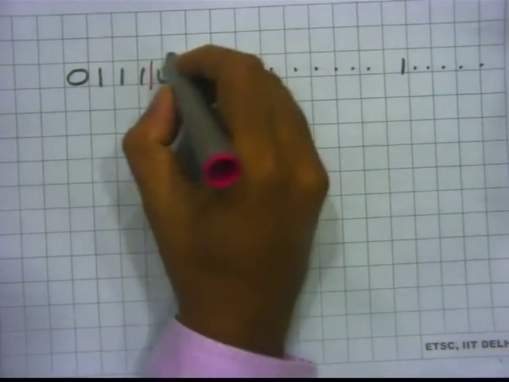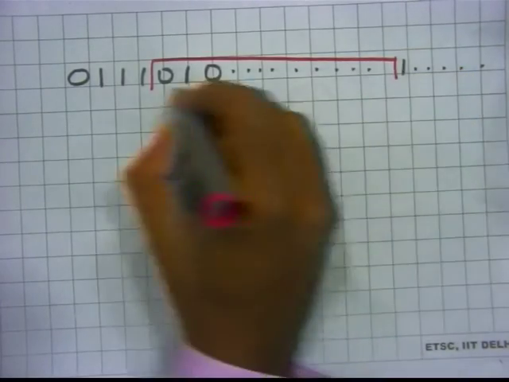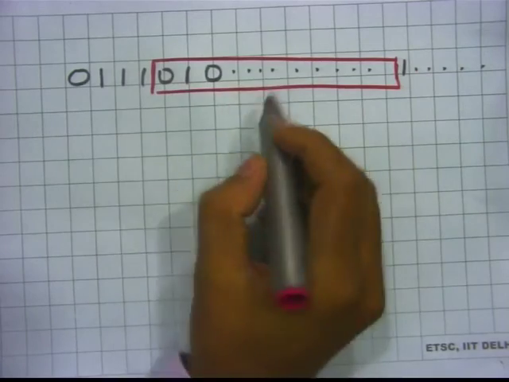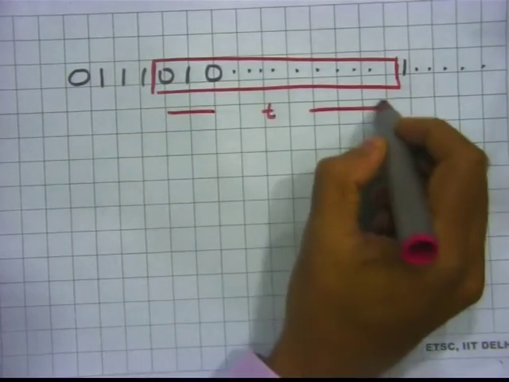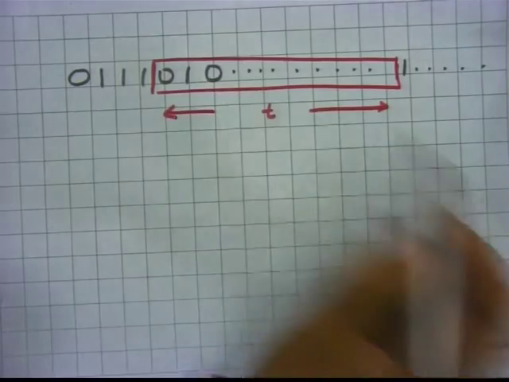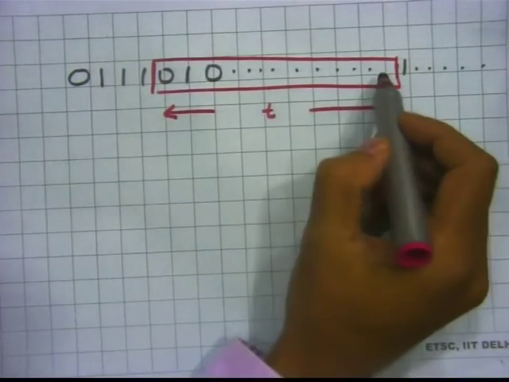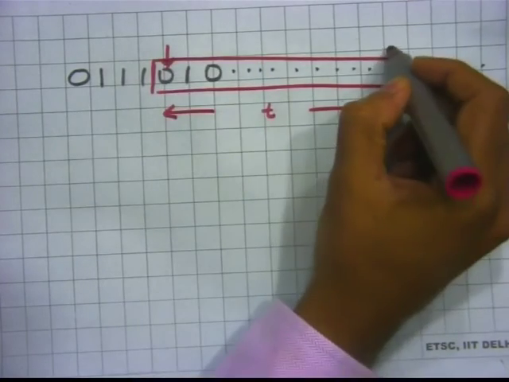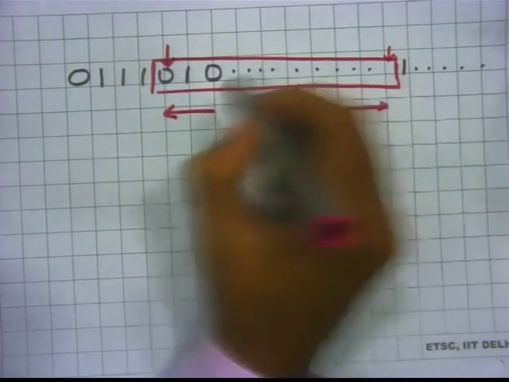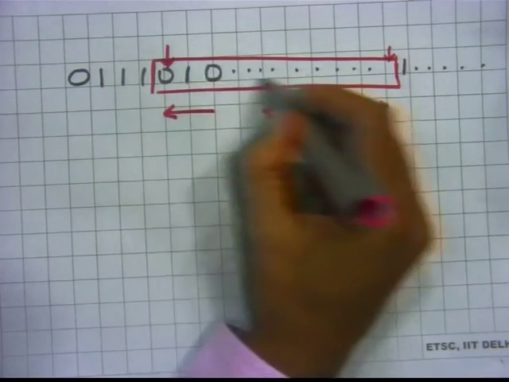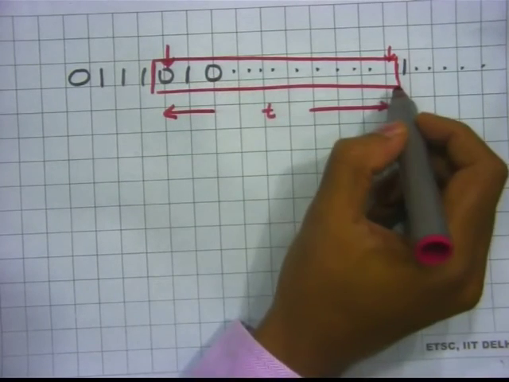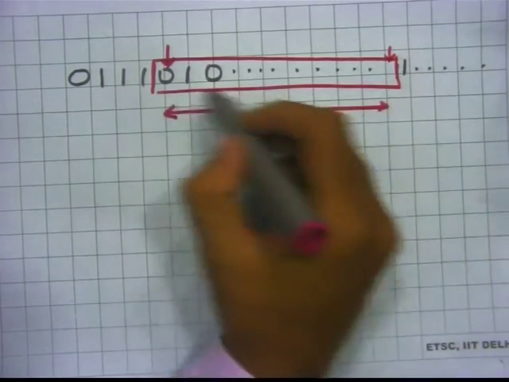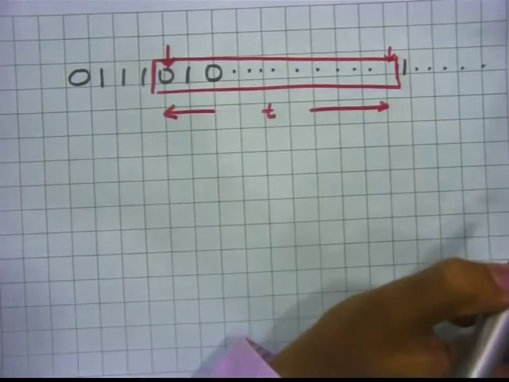We take a sequence of bits, and if this is t, then this is a burst of error if the first one and the last one are definitely in error, and intermediate bits may or may not be in error. But this is defined as a burst error of length t.